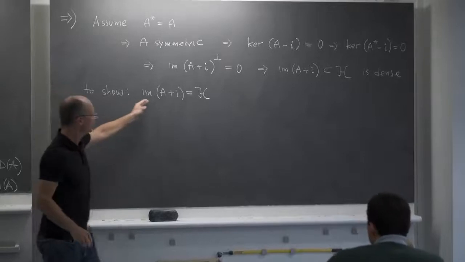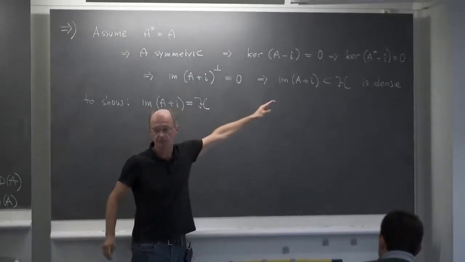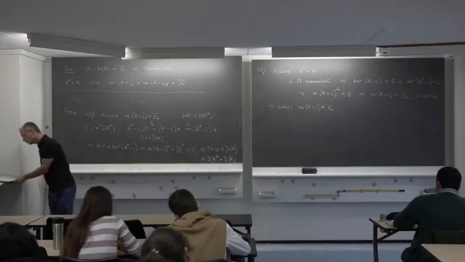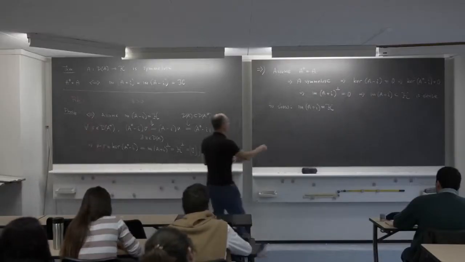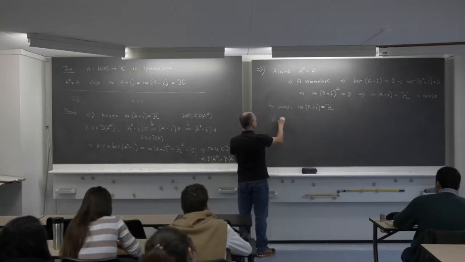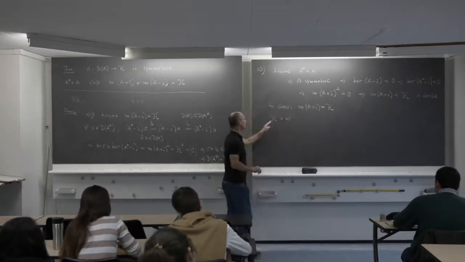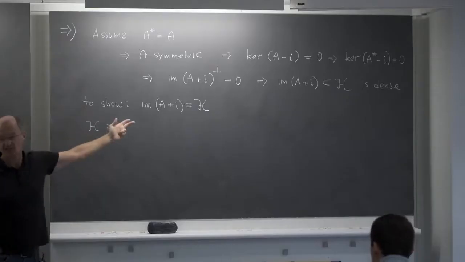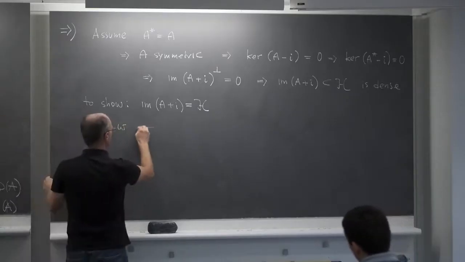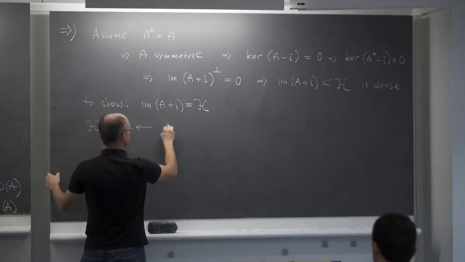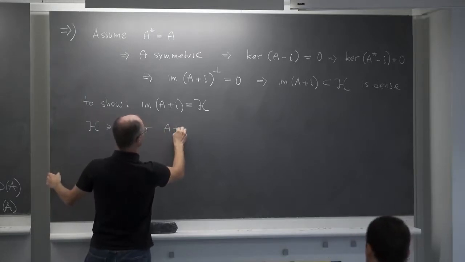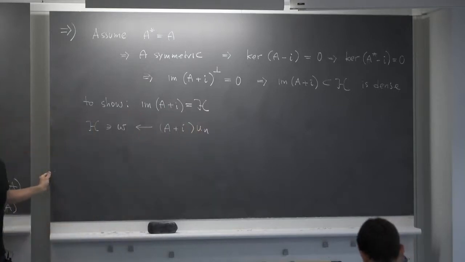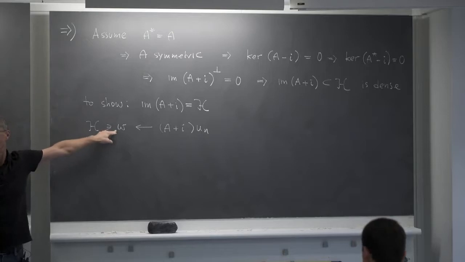Well, now since the image is dense, then for any vector, let me see how I want to denote it. Suppose I choose some vector in H, and since the image is dense, I can always organize a sequence of vectors (A plus I) un, which converges to that given vector.